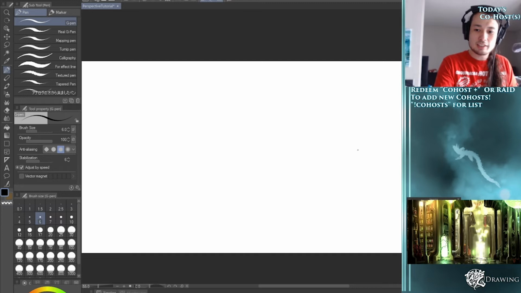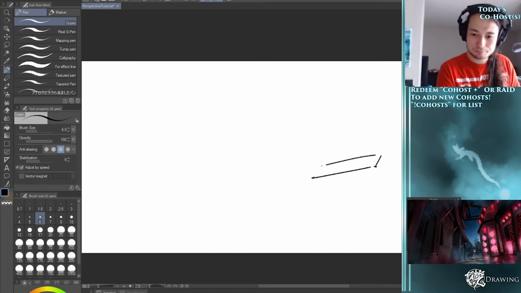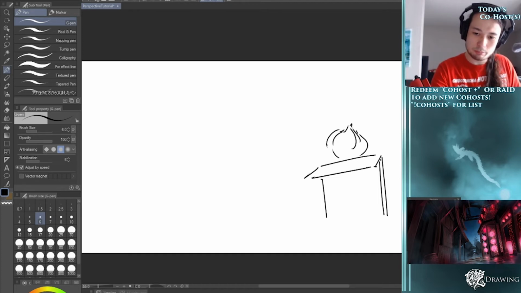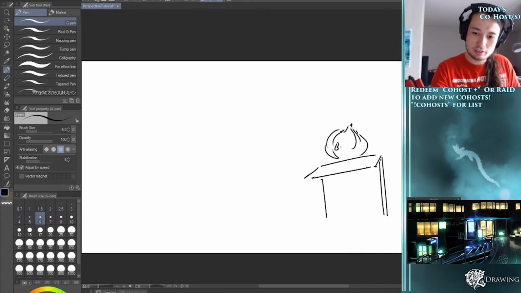For me, I'm just feeling like maybe this ramen shop is over here. So I'm going to put the ramen shop here. I'm going to design it here. We said that it had a big mascot. Bao Ramen.